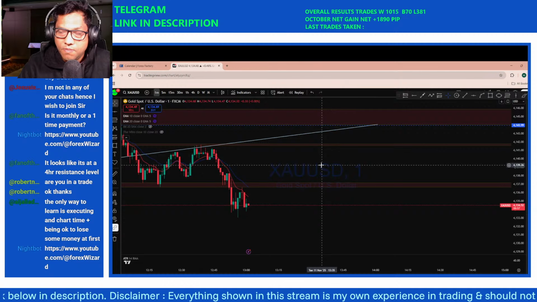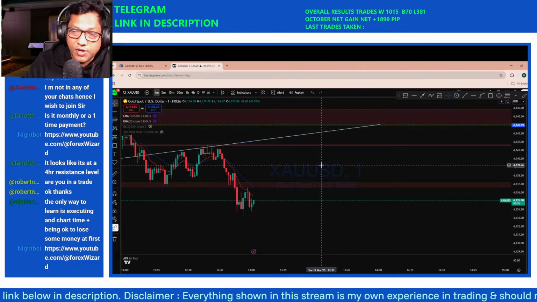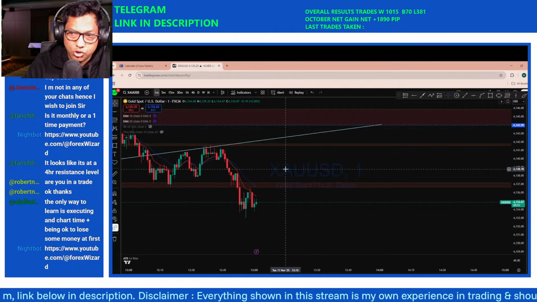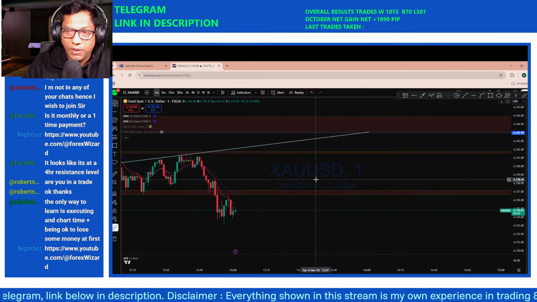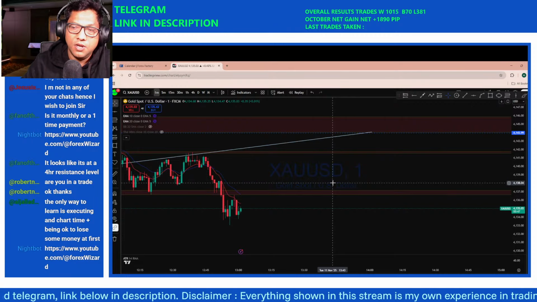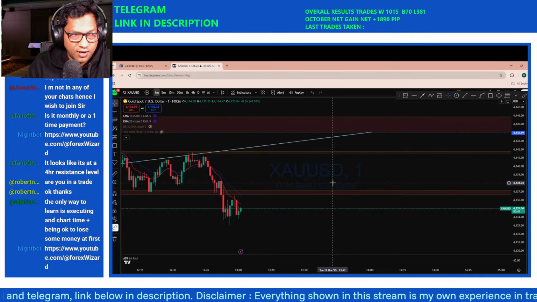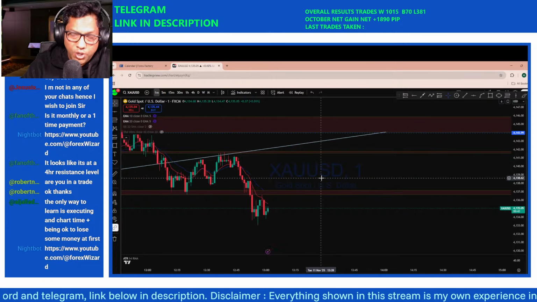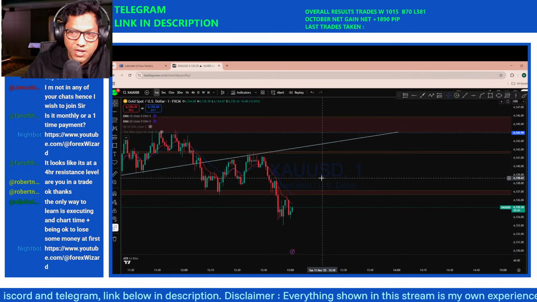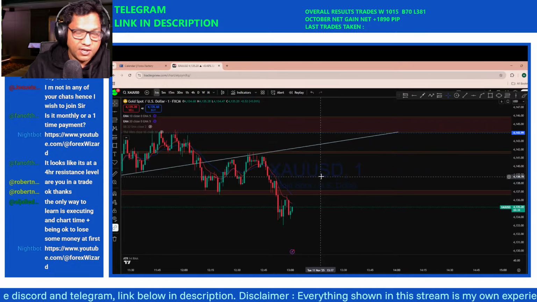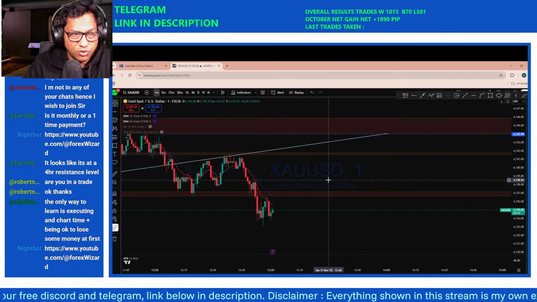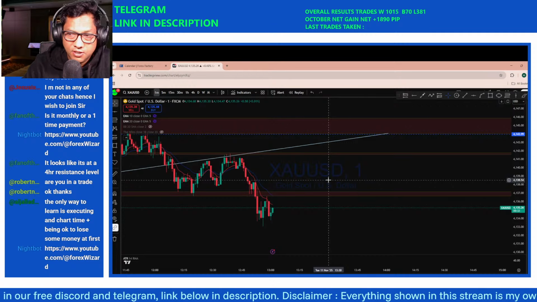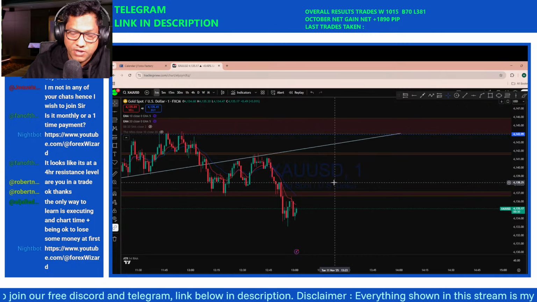So this is self-learning, or learning through observation. Most of the education that you can see here is based on experience, observation, countless hours of chart analysis, looking at the live market and executing trades in the live market. That requires an extended amount of time to get that experience.